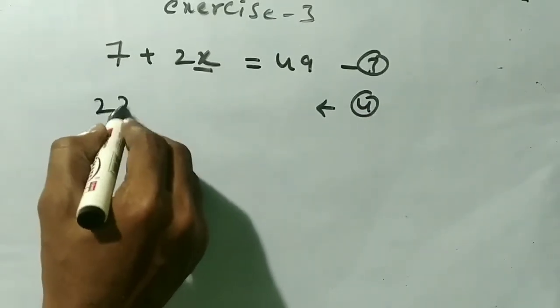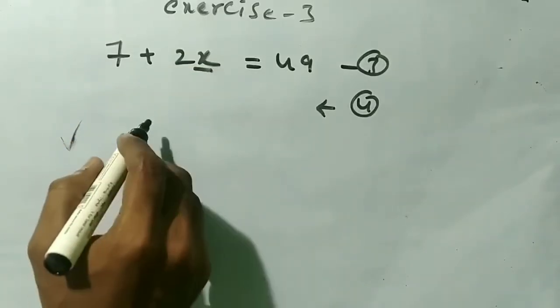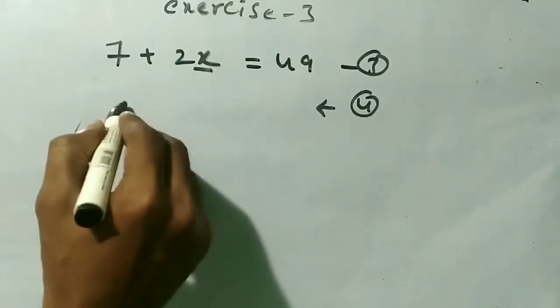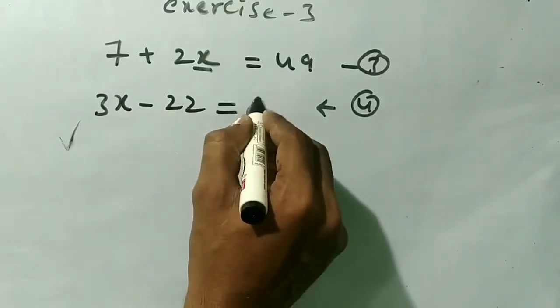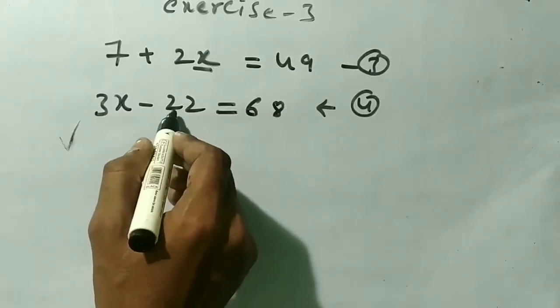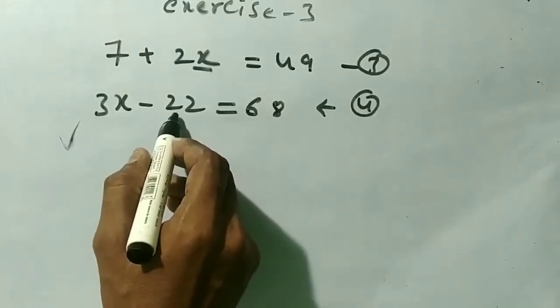In the fourth one, 22 is subtracted from what? 3 times a number, that is, the number is x, so 3x minus 22 gives 68. So we have to remove this 22.